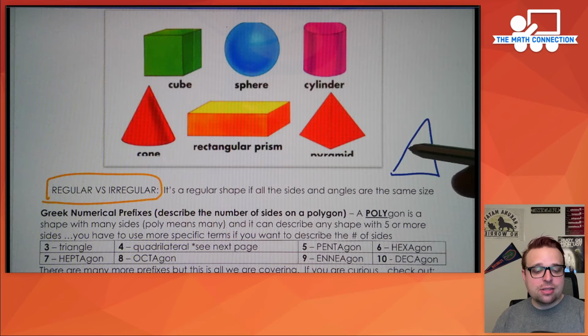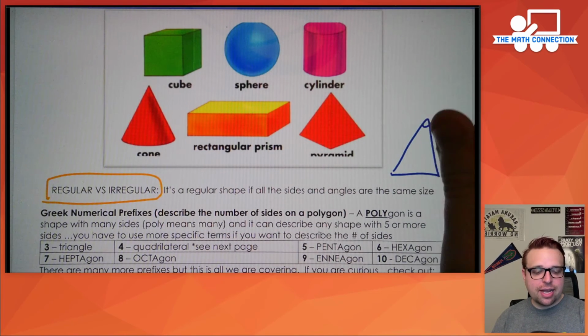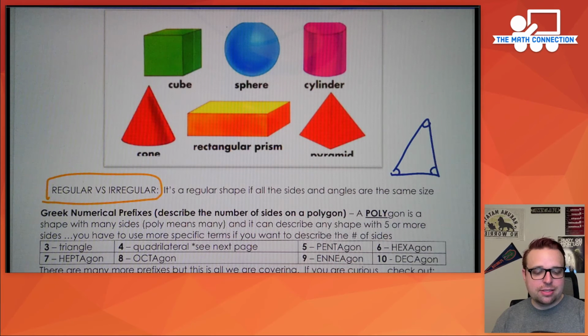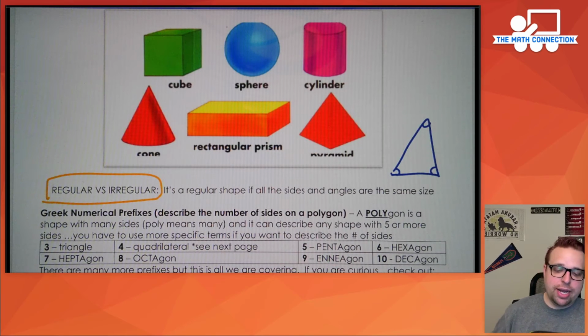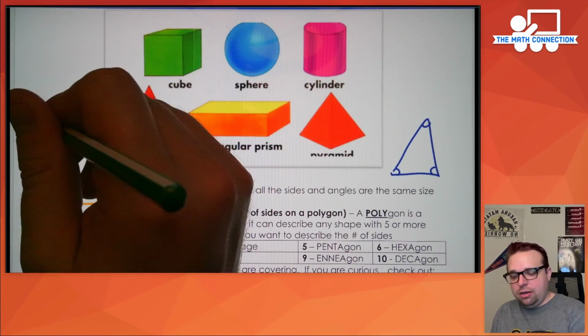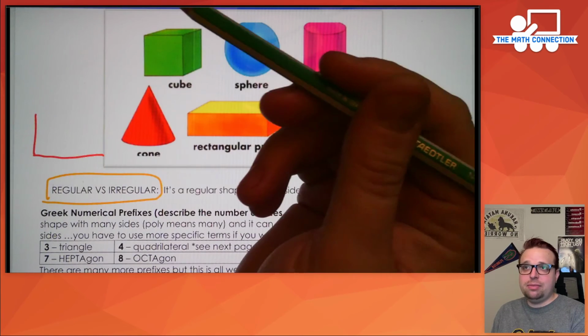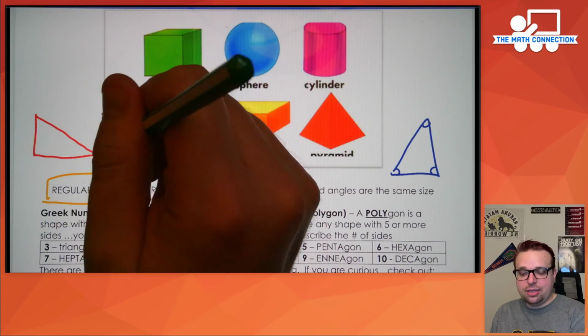The 3 sides are about the same length, and the angles that are inside, so this angle and this angle, are going to measure the same. That's a regular triangle. An irregular triangle, I'll switch colors, let's do red, might have one of these, and then this is really long, so those are not the same size, and then you might have this connecting line here.